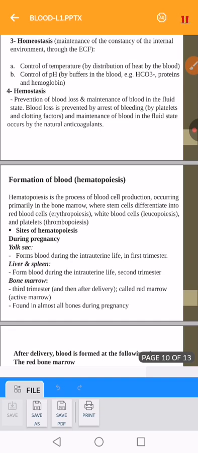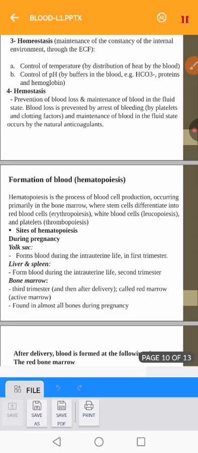Hematopoiesis is the formation of the blood, whether RBCs, WBCs, or platelets. It is the process of blood production occurring primarily in the bone marrow, where stem cells differentiate into red blood cells, erythropoiesis; white blood cells, leukopoiesis; and platelets, thrombopoiesis.